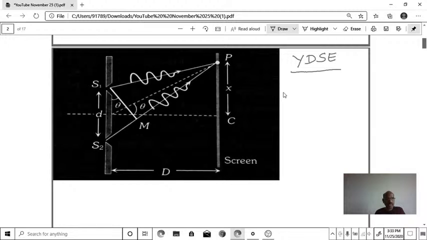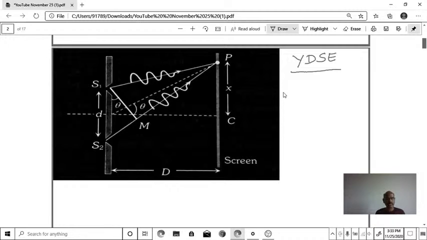A better example is the light beam produced by a laser. A laser beam is monochromatic light, which can easily produce fringes on the screen. Interference takes place with the help of monochromatic light. The two sources must be monochromatic, having the same wavelength and frequency. Most important is a constant phase difference or zero phase difference.